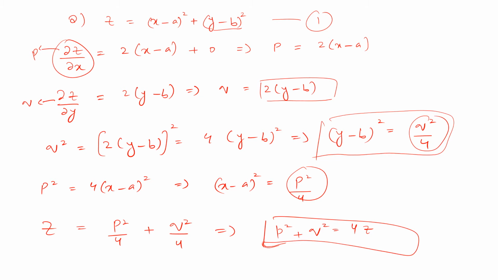Let's take an example of an arbitrary function. Let's say we are given a question that z is equal to a function of x squared plus y squared. Now we can see we are given a function, and we don't know what the function actually is. It may be like e to the power x squared plus y squared.